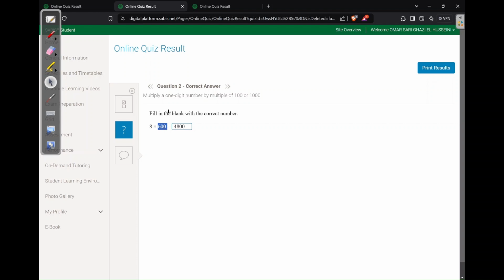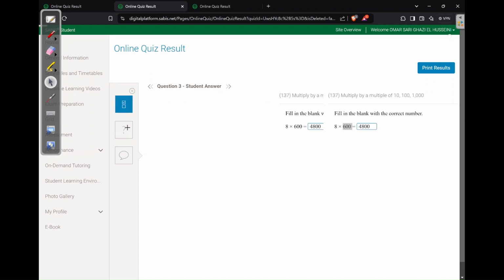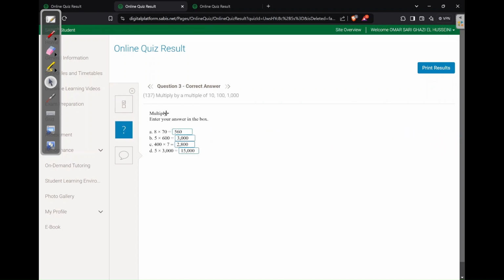We add those last zeros, and it becomes 4,800. 8 times 7 equals 56, and we add that zero.